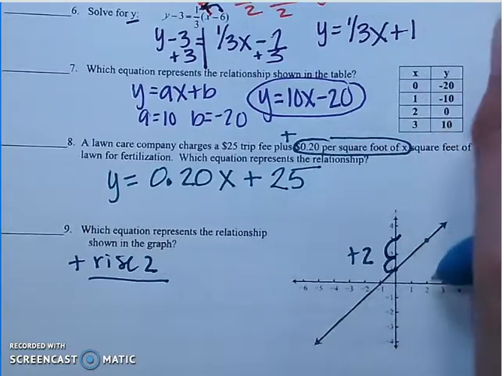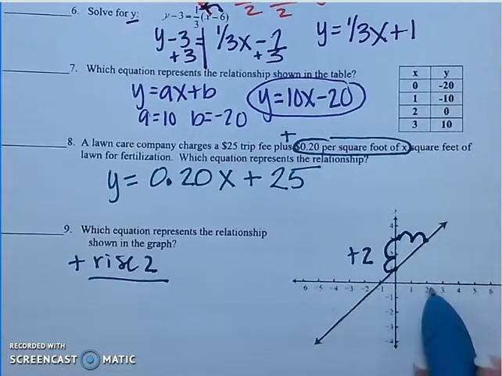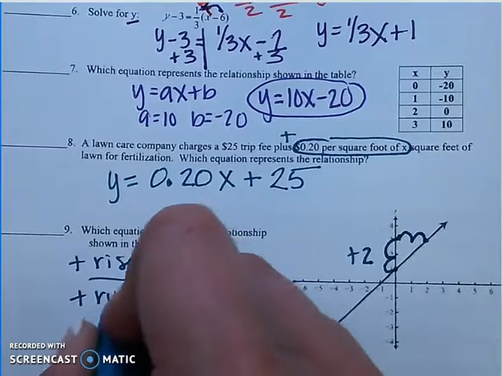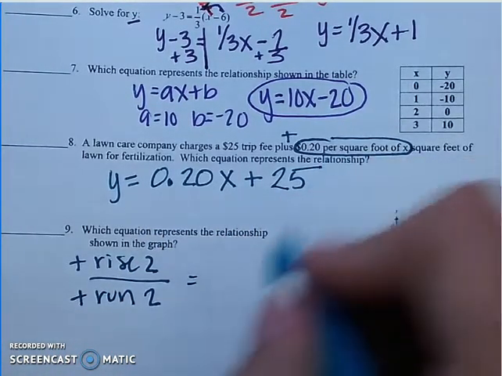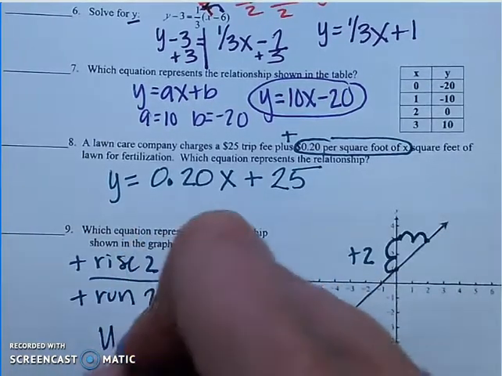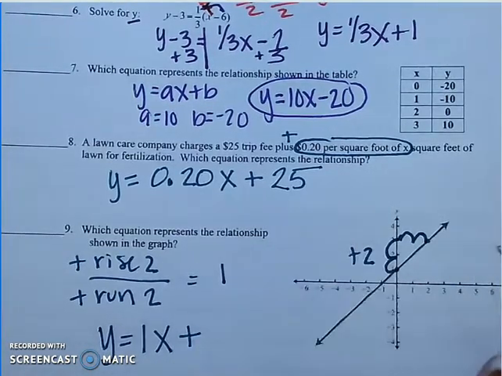I'm going 1, 2. If you want to see it on the bottom, it's the same way. So right 2 is also positive, running 2. 2 over 2 is 1. That is my rate of change. Y equals 1x plus, where does it cross that y-axis?